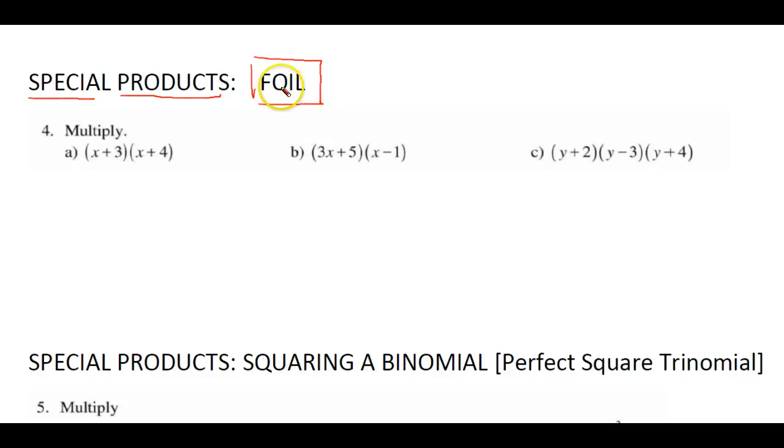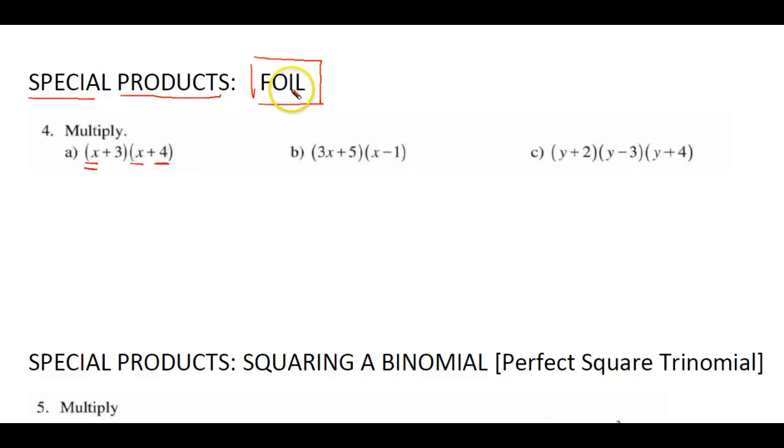Now the FOIL is an acronym in which the F stands for first, which in 2 sets of binomials are the first members of them. You multiply these two together. Then we have the O, which stands for the outers. This one and this one.